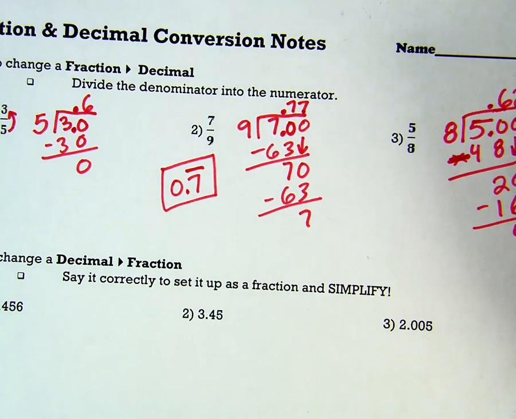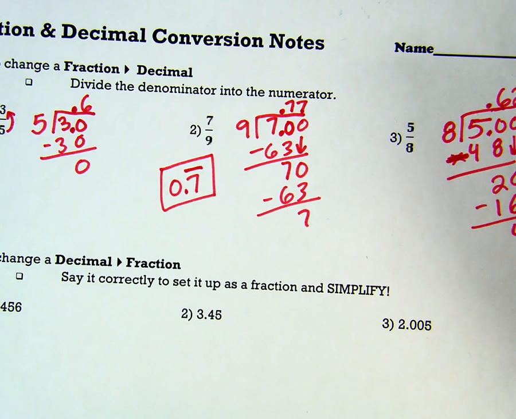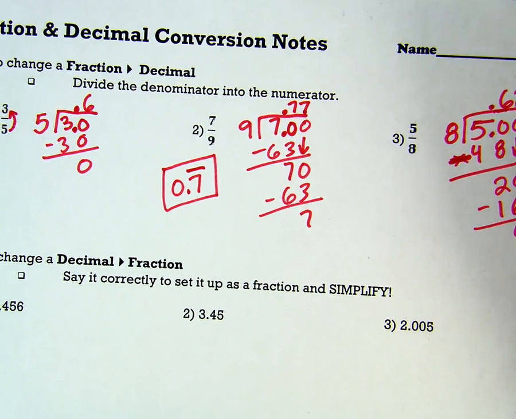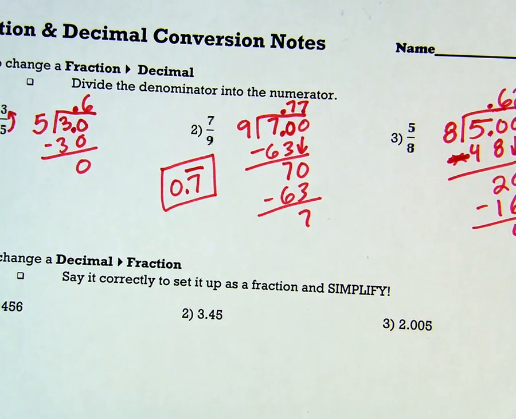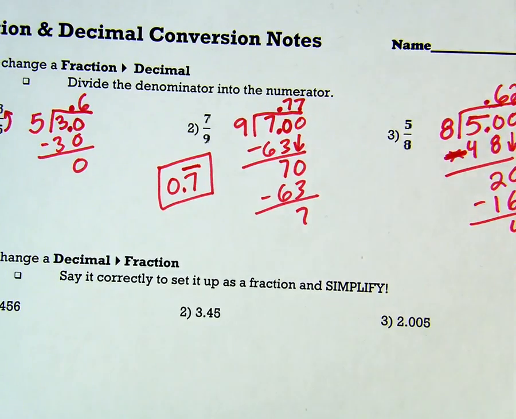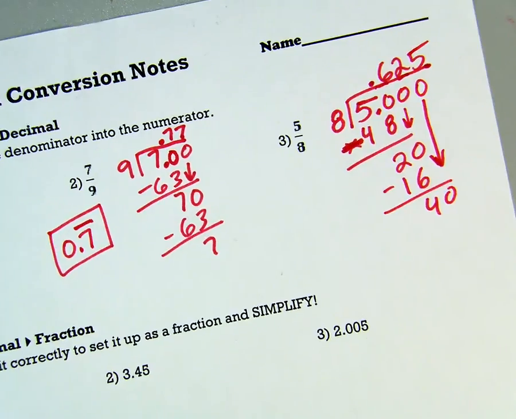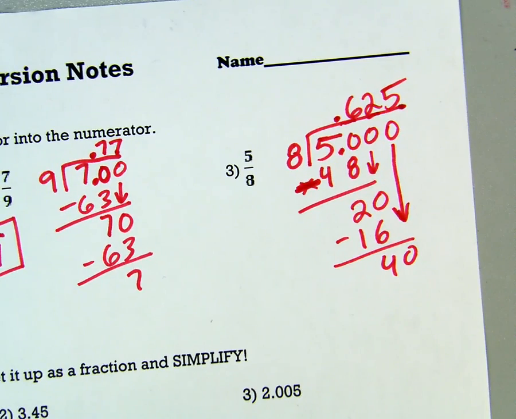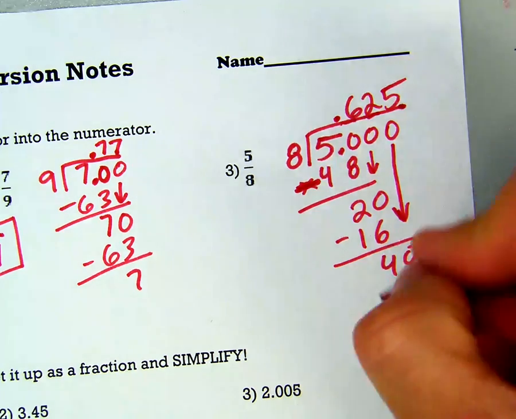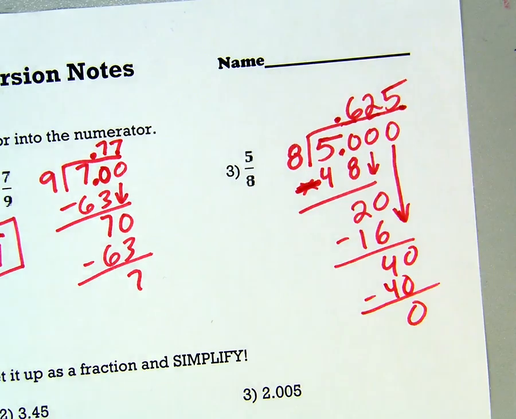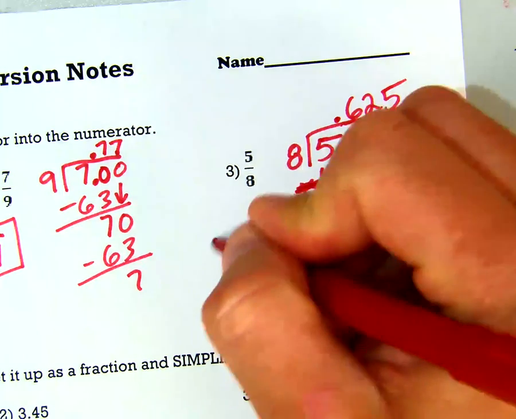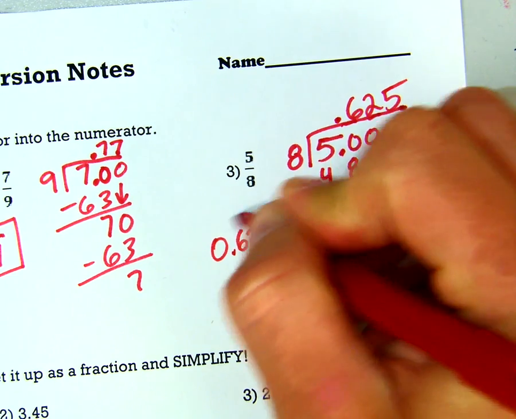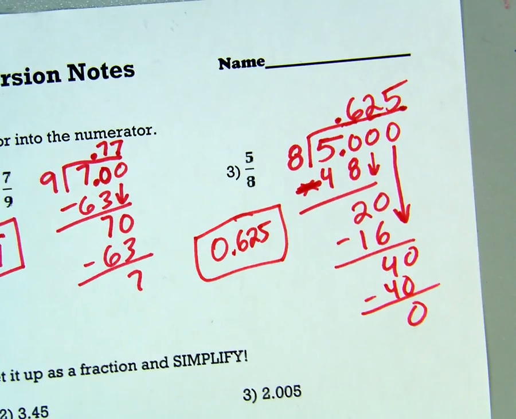Subtract and get 4. Bring down another 0. And 8 goes into 40 5 times, giving me 40, and then I have 0 left. So 0.625 is my answer for number 3.